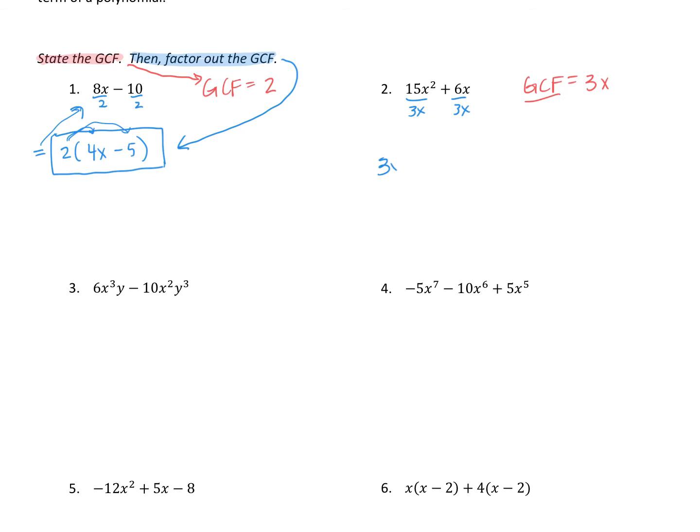So you write the GCF first, open parentheses, and then state what you have left after you divide. So 15 divided by 3 is 5. x squared divided by x is x. Plus 6 divided by 3 is 2. The x's cancel. 5x and 2 have nothing in common, so that was the GCF.